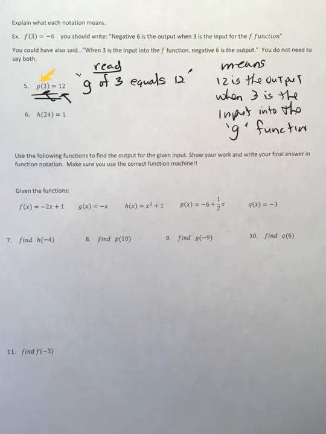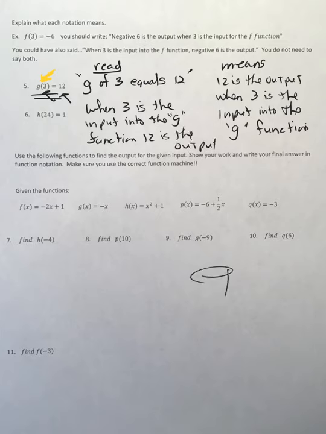You can rewrite it that way, or you could say that when 3 is the input into which machine? The G function, 12 is the output.